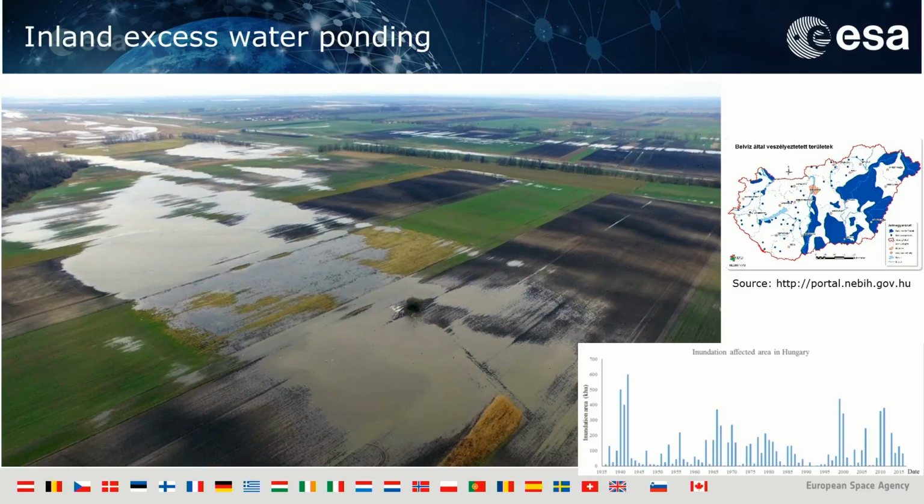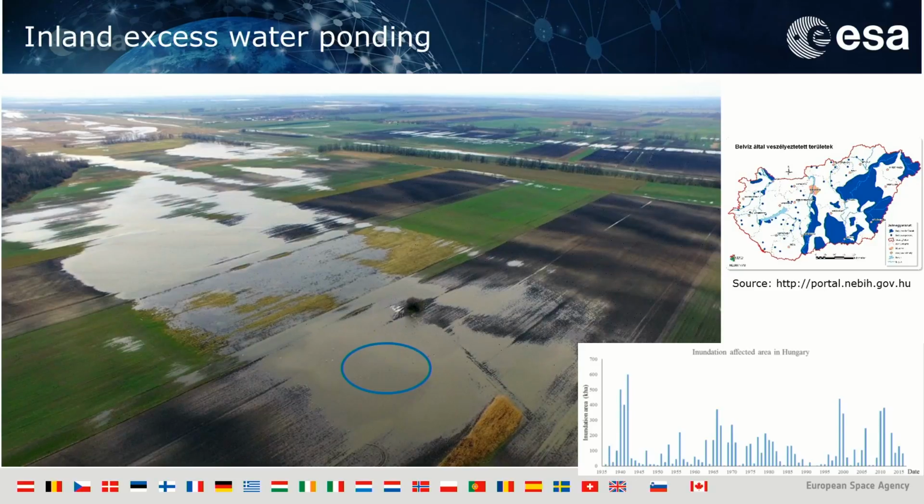So in fact, just to help you, this is 600,000 hectares in the country. This is really a large area covered with this inland excess water ponding, and that is a problem for agriculture production. So monitoring this is important and interesting.